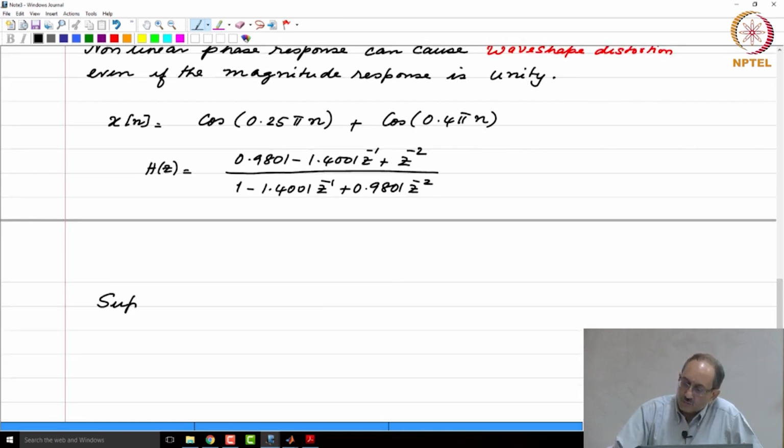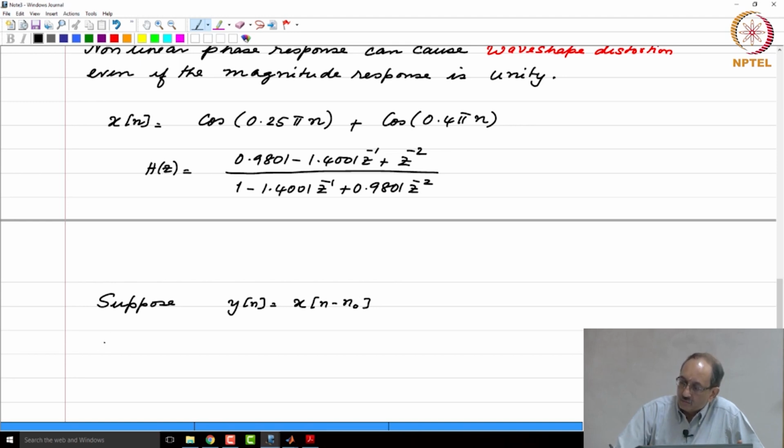Now, suppose y of n is x of n minus n naught. Then, strictly mathematically speaking, the output is not identical to the input, but the output and the input are related by a mere delay.